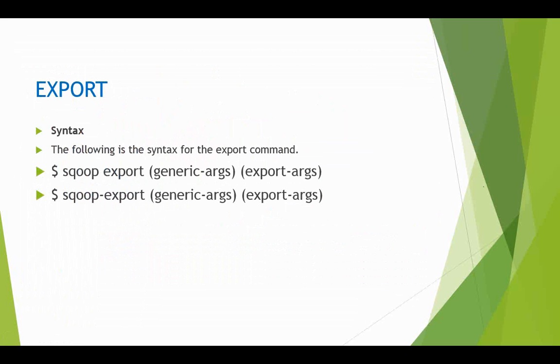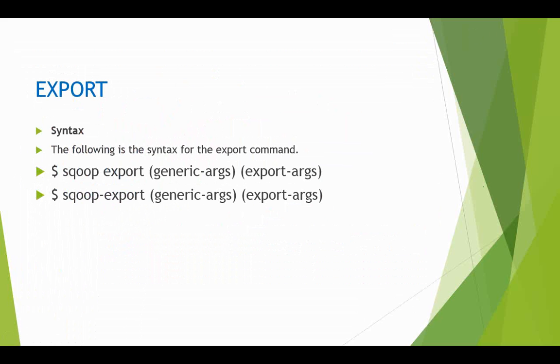Now after importing, we have seen the import tool, we have seen the import-all-tables tool, now it's time to see the export tool. If I want my data from HDFS to be exported back to MySQL, for that situation we have the export tool.